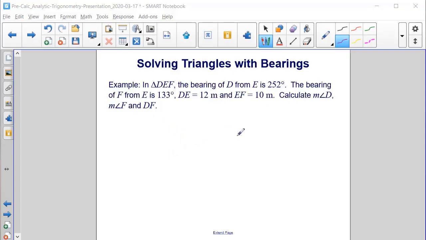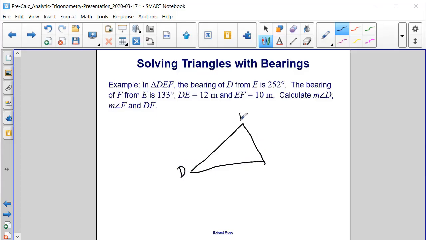Let's start by drawing our picture. So we are given a triangle DEF, and we are told that the bearing of D from E, so I'm going to draw the north direction here, is 252 degrees.